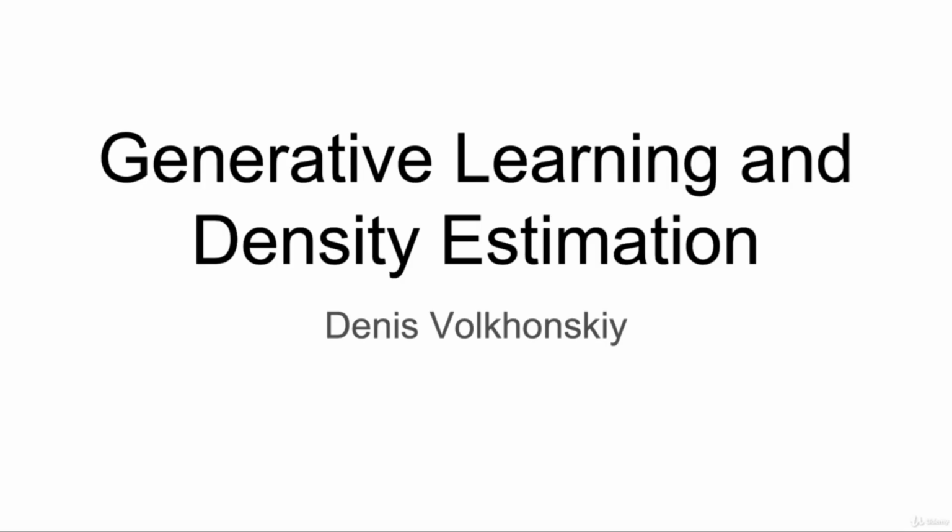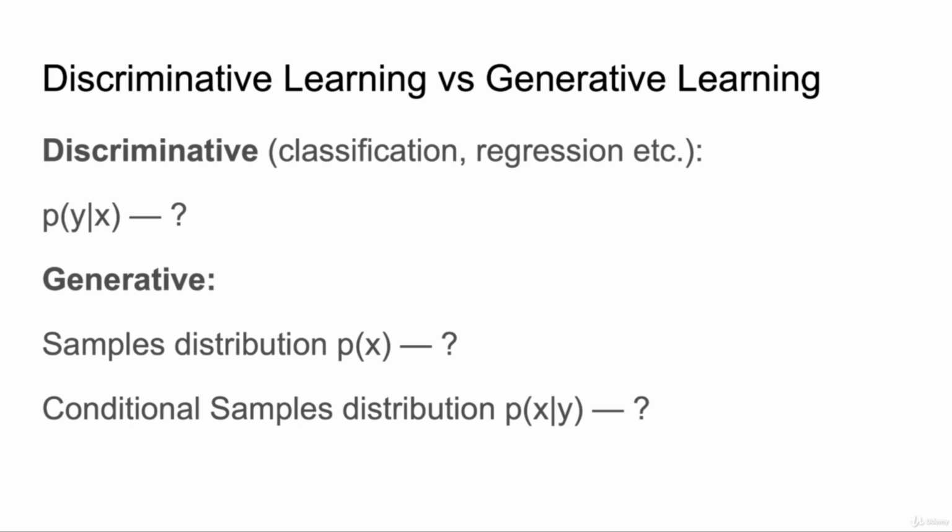In this video we will talk about generative learning and density estimation. We will consider different applications of generative learning and different types of density estimation. Machine learning can be divided into two big parts: discriminative learning and generative learning.